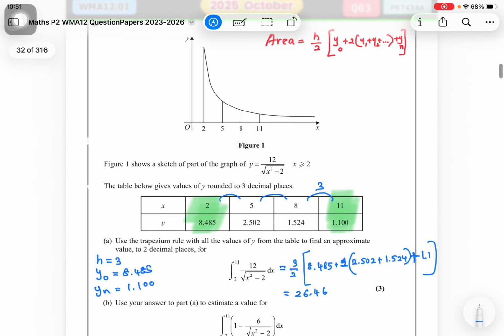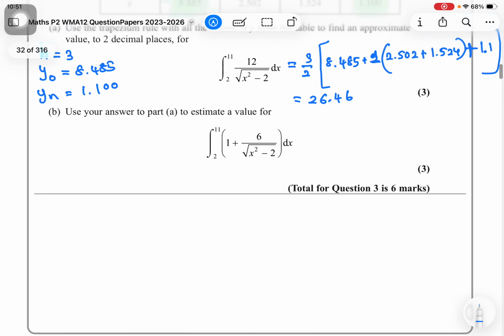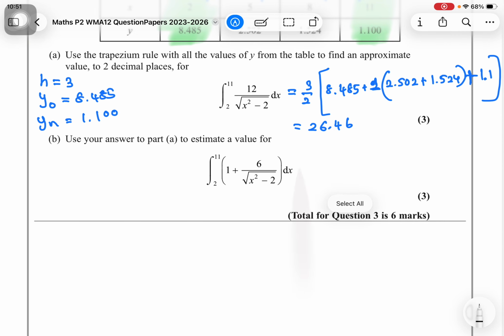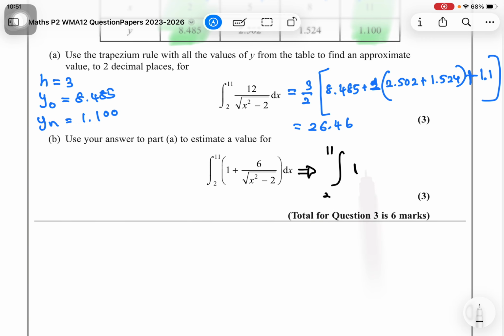The B part is also quite similar, but we can see there's a slight modification to the equation. So if we take another color for further clarification, we can write this. Since it's the same range, we can write this plus separately the integral from 2 to 11 of 6 divided by root x squared minus 2.